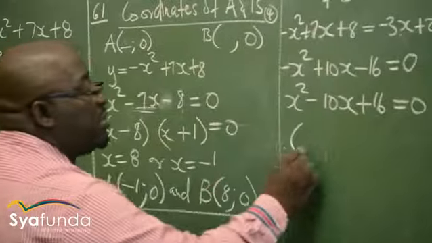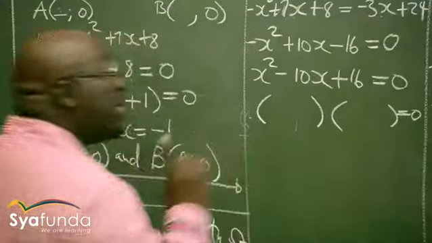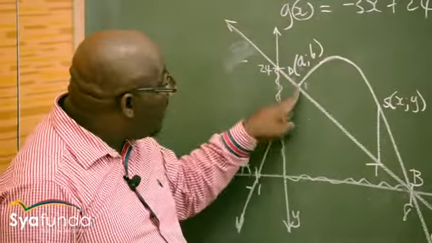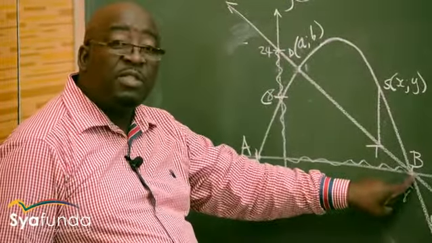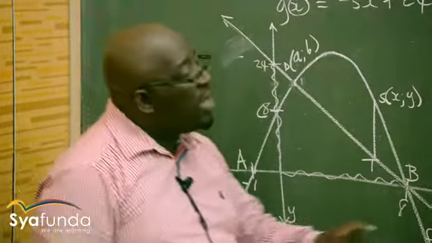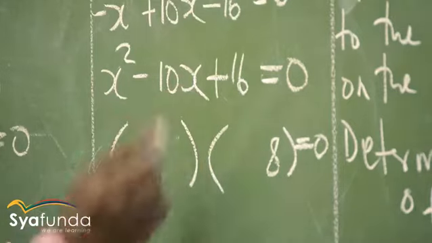Let's factorize, because there is no common factor. Equals 0. Remember that we know that this graph meets at this point and that point. So one of the solutions that we must get must be 8. So once we have this, we know that one of the factors must be 8, and the 8 must be negative in this particular case. Let's move on. So it's 8 times what will give us 16? It's 8 times 2.